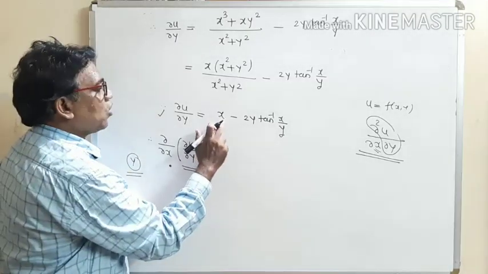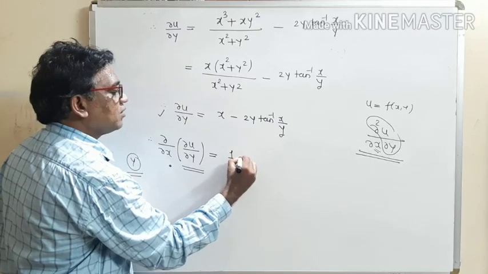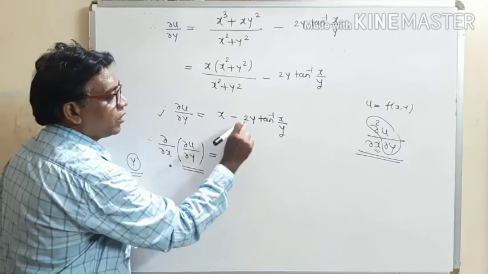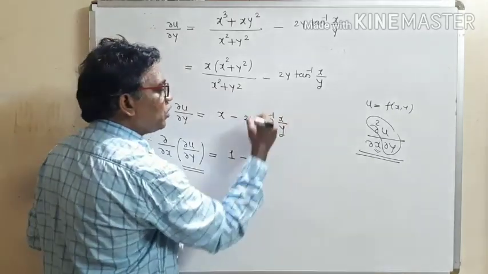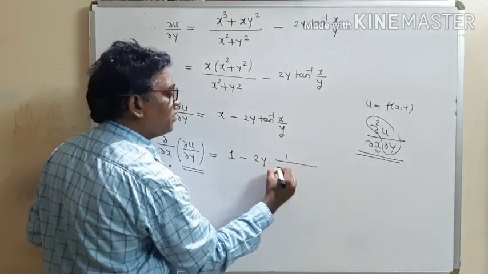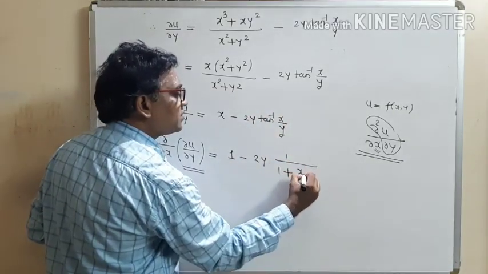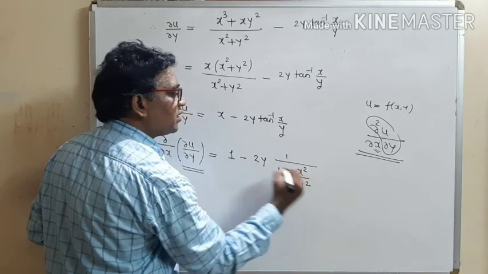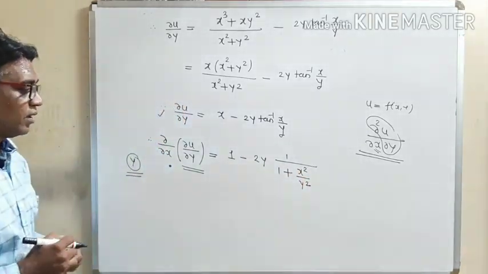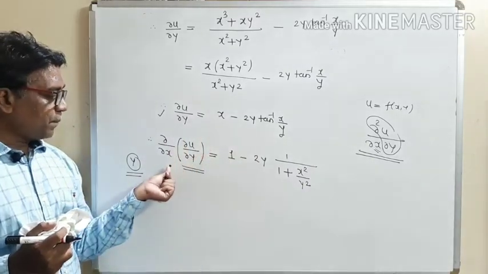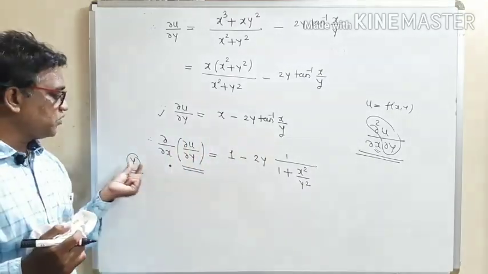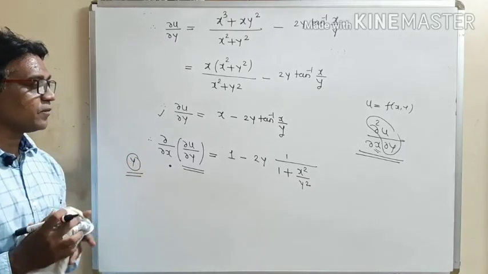So the derivative of x is 1, minus 2y, this is constant, and the derivative of tan inverse uses the same formula, 1 upon 1 plus the square of this term, x square divided by y square. So differentiating this partial derivative partially with respect to x means we have to keep y as a constant.